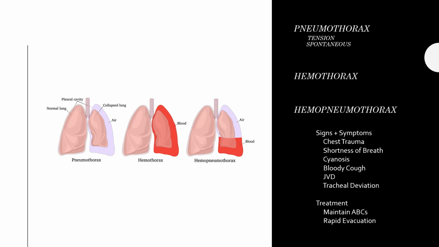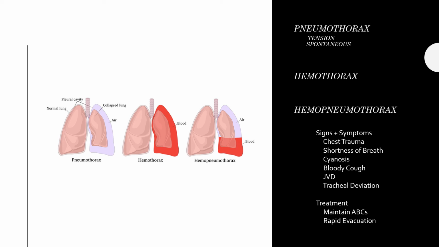We then get into this thing called a hemothorax, where basically there has been a laceration of those blood vessels, and then that blood is starting to enter that pleural space, putting pressure on that lung and collapsing it entirely. More than 1 liter of blood is usually needed to compress those lungs and compromise breathing. As we've learned before, 1 liter of blood is a life-threatening bleed, and if that compresses that lung, that can lead to a life-threatening situation.